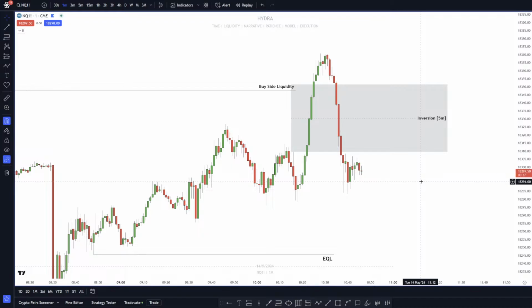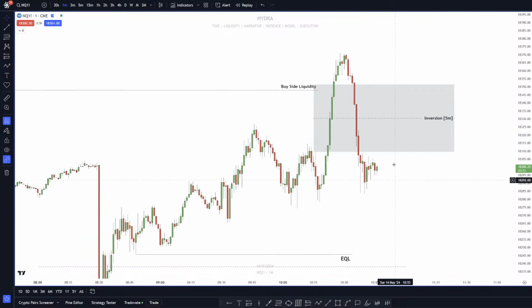10:46. What can be my stop loss? I'm still waiting to see how far price will do a retracement. Is it going to be at the midway?